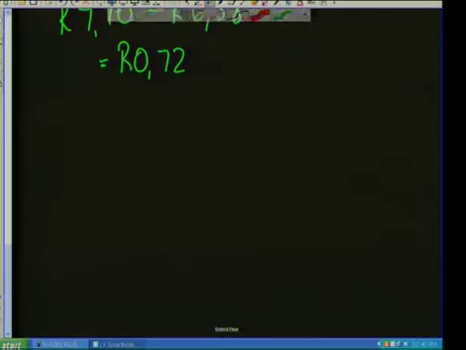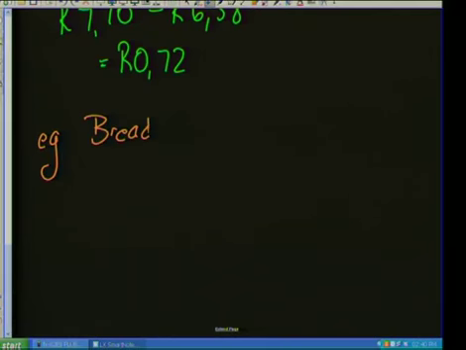Now, one of the nice things that they like to ask when they come to these kind of questions, and I'm just going to do it here, is they like to ask you for the percentage change. They actually ask you to calculate that average percentage. So I'm just going to show you an example. If, for example, we know that bread in 2010, and I'm really making these numbers up, cost us R7.85.